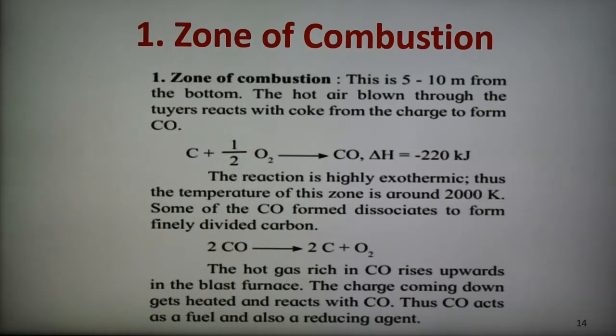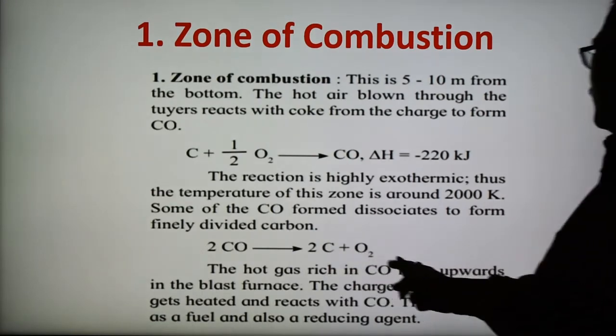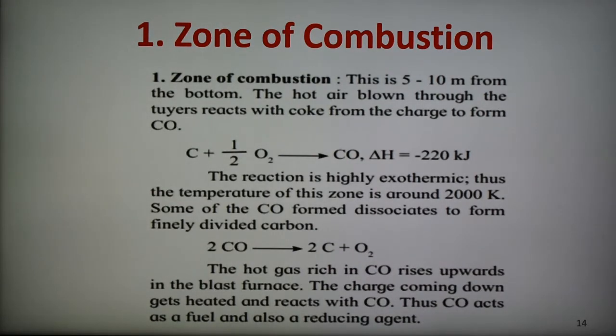Some of the carbon monoxide formed dissociates to form finely divided carbon, carbon and oxygen. Hot gases rich in CO rise upward in the blast furnace, and the charge coming down gets heated and reacts with the carbon monoxide, so carbon monoxide acts as a fuel and also as a reducing agent.